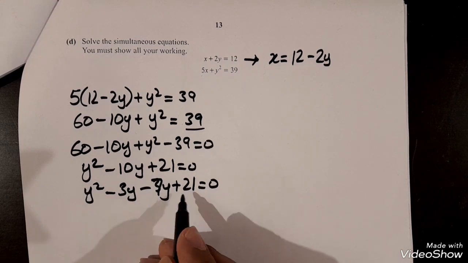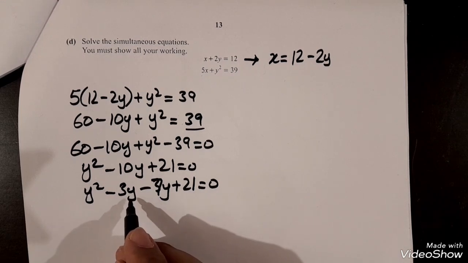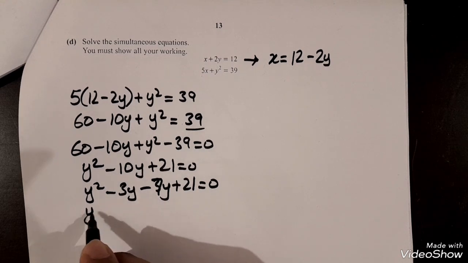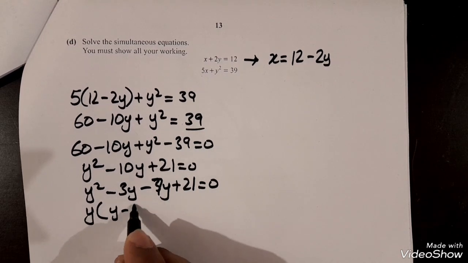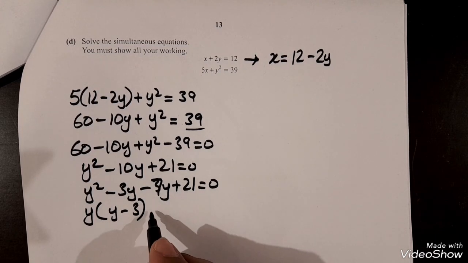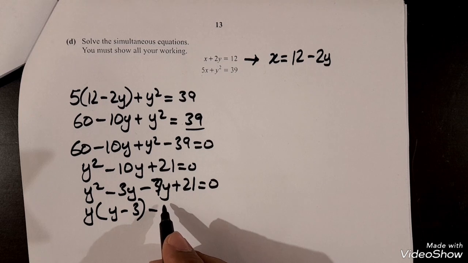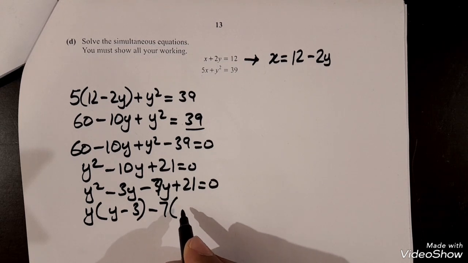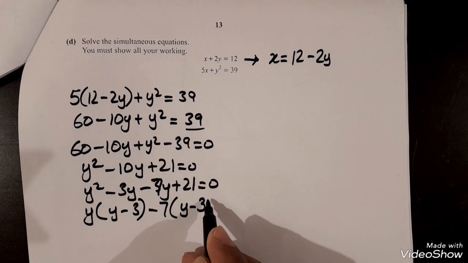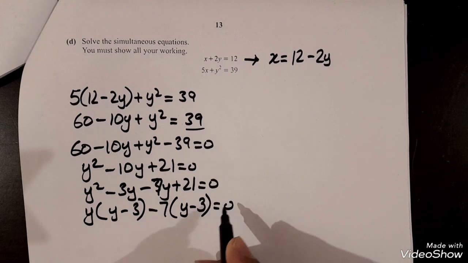Now in the first two terms we have y common, so we will take out y and write y minus 3, and over here 7 is common, so we will take out minus 7 and write y minus 3 is equal to 0.